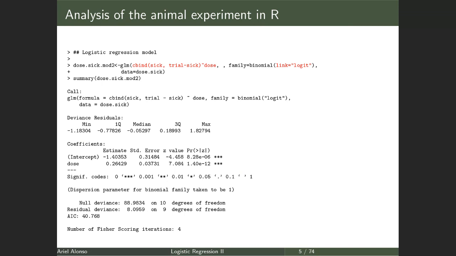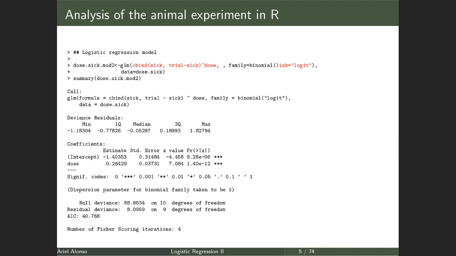So here we are going to fit this using GLM, and this is the way you pass to R your response when you have repeated data like this. As you can see here, we have the cbind function, which is a function that binds columns. C from column and bind from binding.